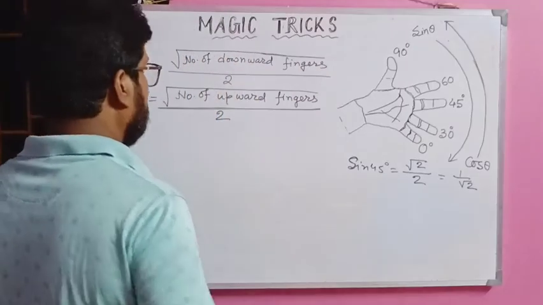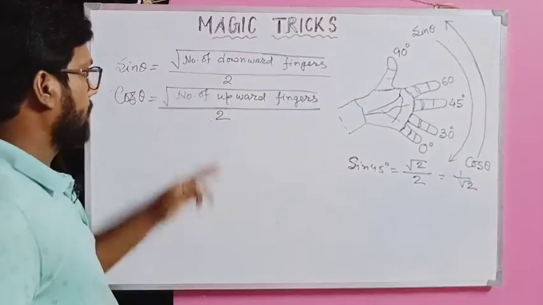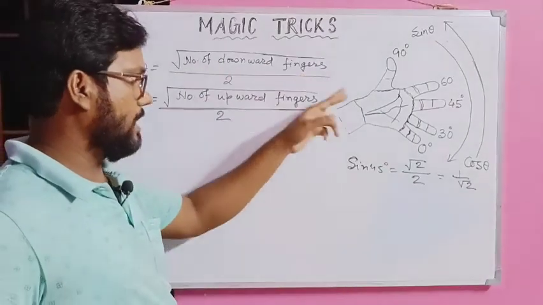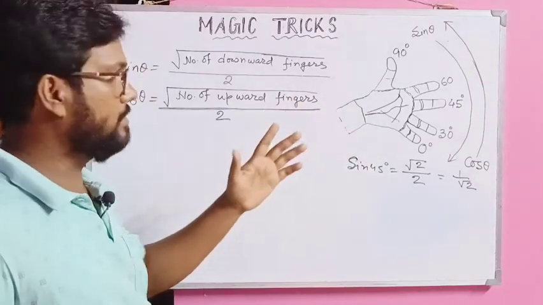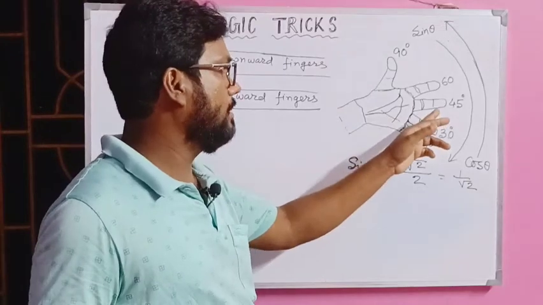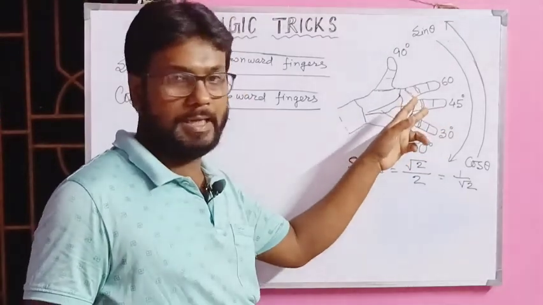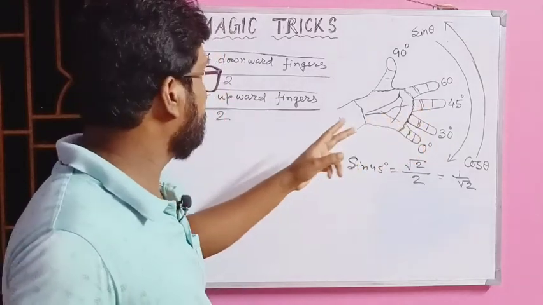So there is a formula: sin theta equals root of the number of downward fingers, except the finger which indicates the degree of the function, divided by 2.